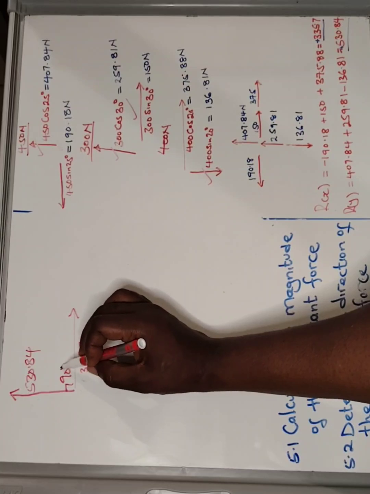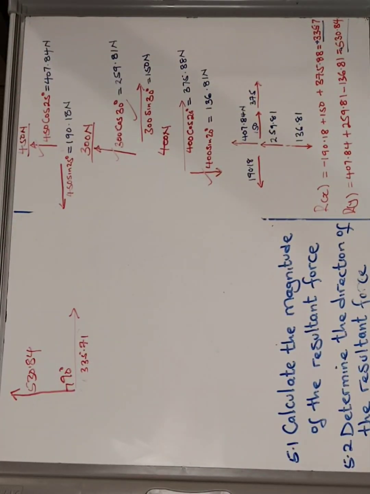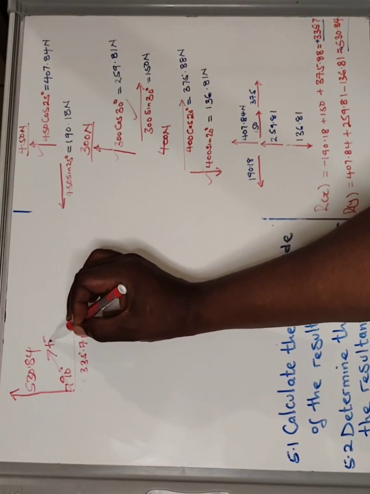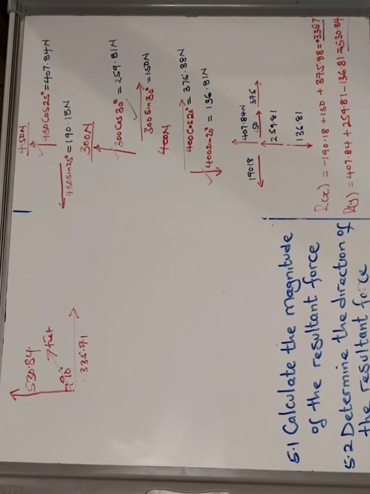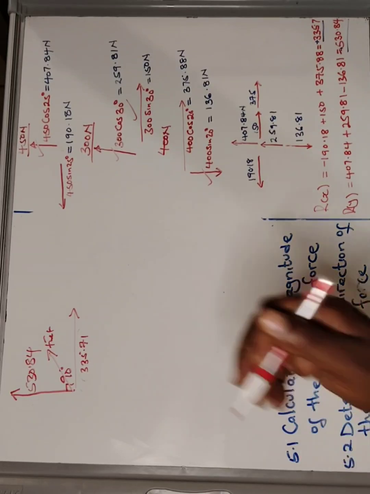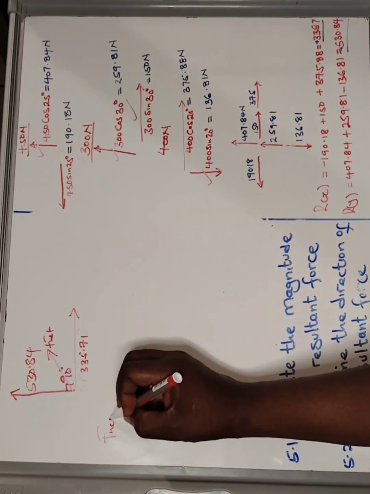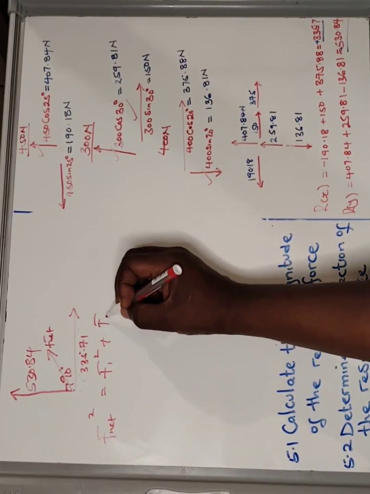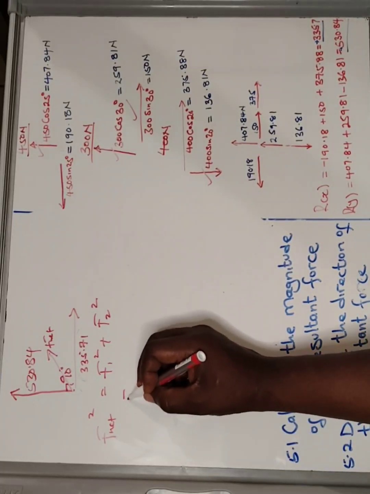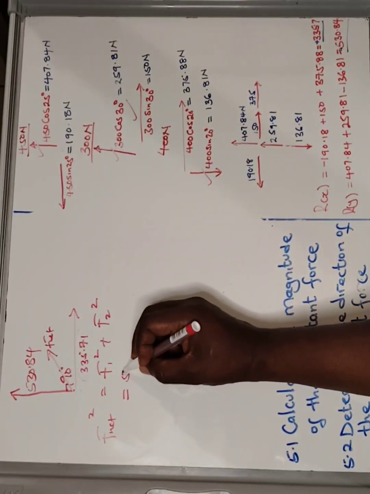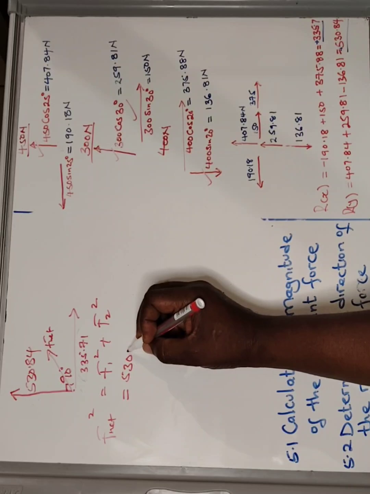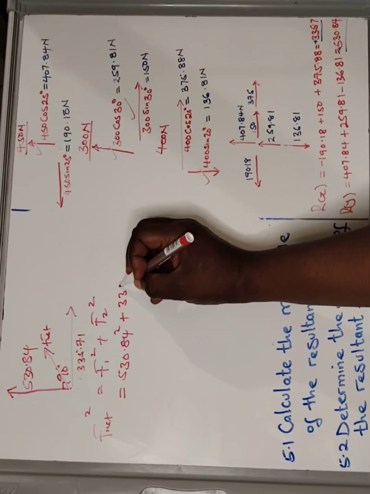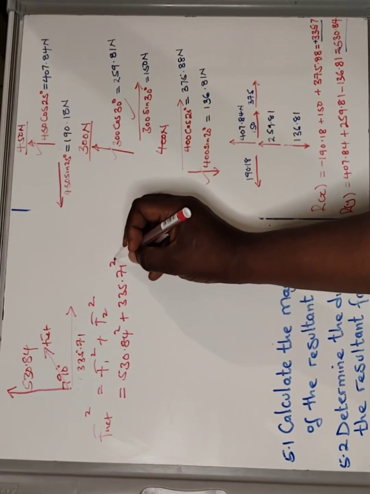And after reaching this step, now we know what is going to happen. Our net is going to be around here, so we can use Pythagoras. F net squared is equal to F1 squared plus F2 squared. We can take it as 530.84 squared plus 335.71 squared.